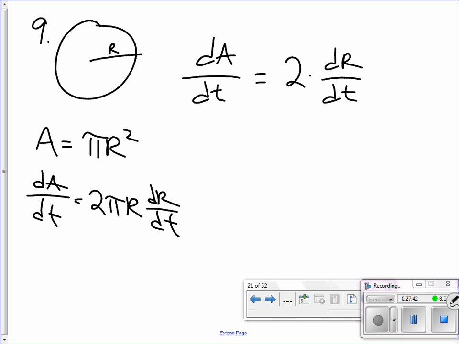This is good. Because right now we had an equation with 2 unknowns we couldn't do anything with. But now, if we put in for dA dt, it's always equal for a circle 2 pi r times dr dt. We can solve this for r.